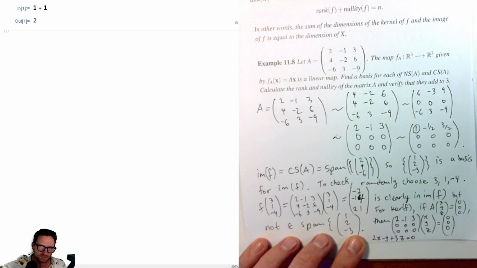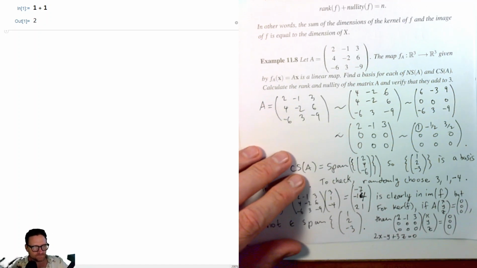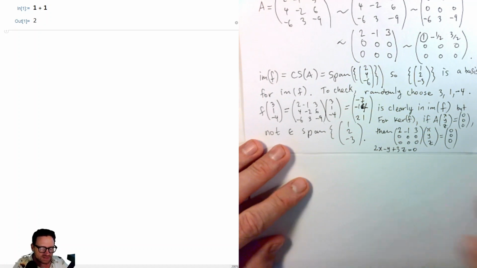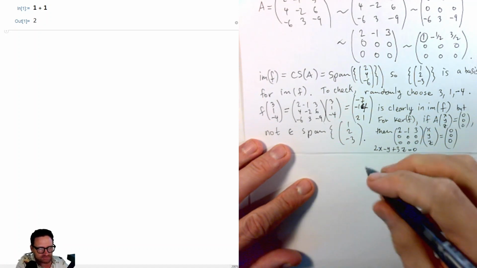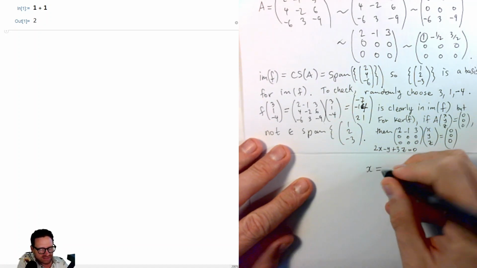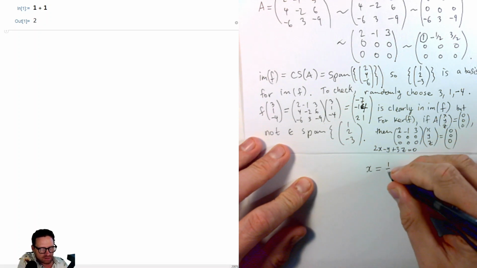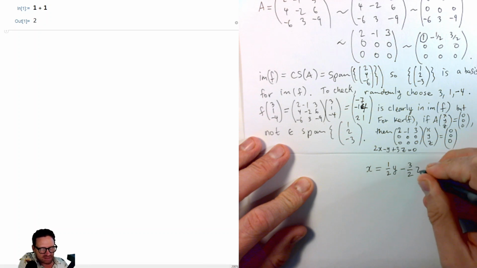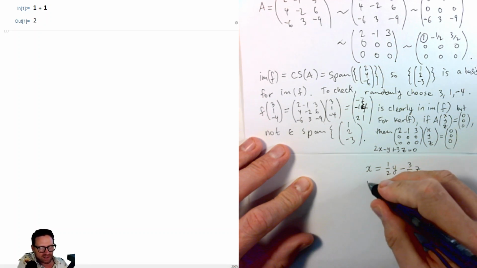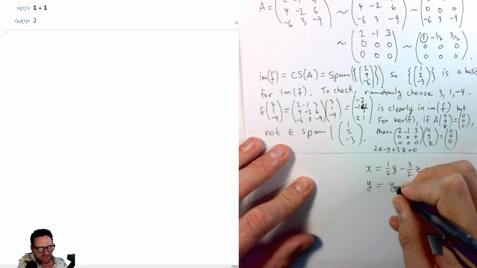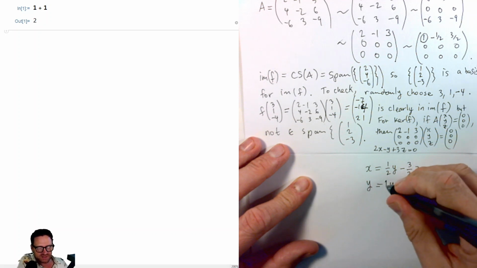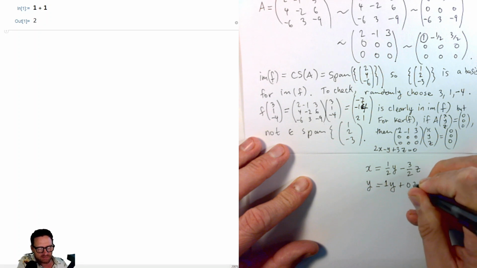I'll need to grab some more paper here. Okay, and so I want to solve this for x. So I have x is equal to a half y minus 3 over 2 z. Now I can add on y equals y because it's true. But I can write this as 1y plus 0z.